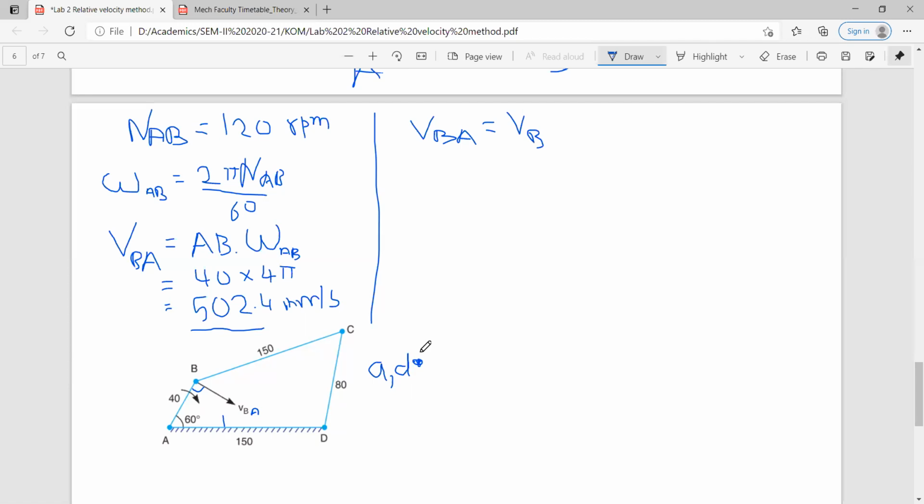Yes, sir. Okay. To start drawing, we need some reference point, and this reference point is always your fixed point from where we measure the velocity. So on paper, somewhere we marked a point and we have labeled it point A and point D. Okay. Now from this point, I will draw the vector.